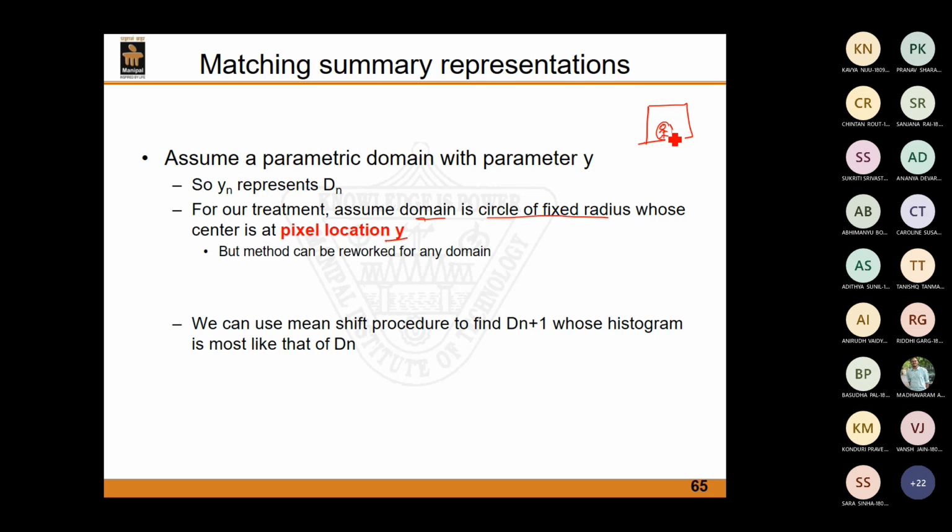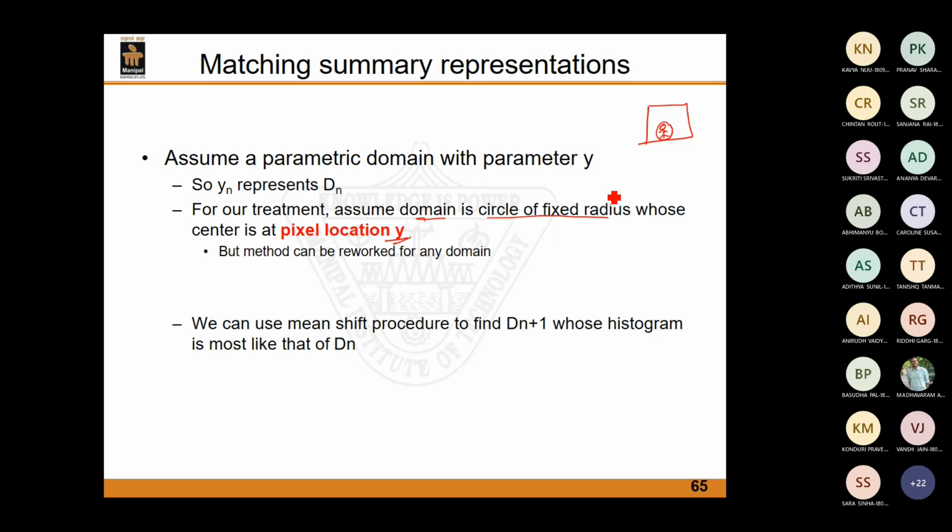That means if, let's say, the person has moved towards the right side, accordingly the circular domain also shifts to the right side. So basically in that shifting, only the location of the center would have moved. Okay, so it is the center of the domain, which is basically the value of y. Given y is the center of the circular domain, the value of y would be changing.